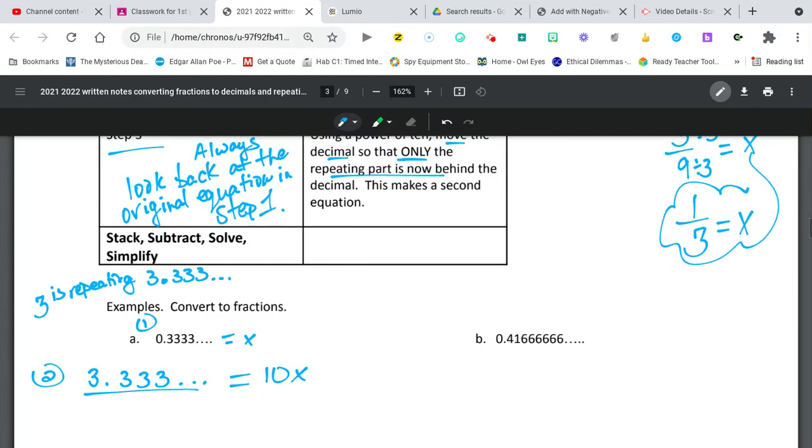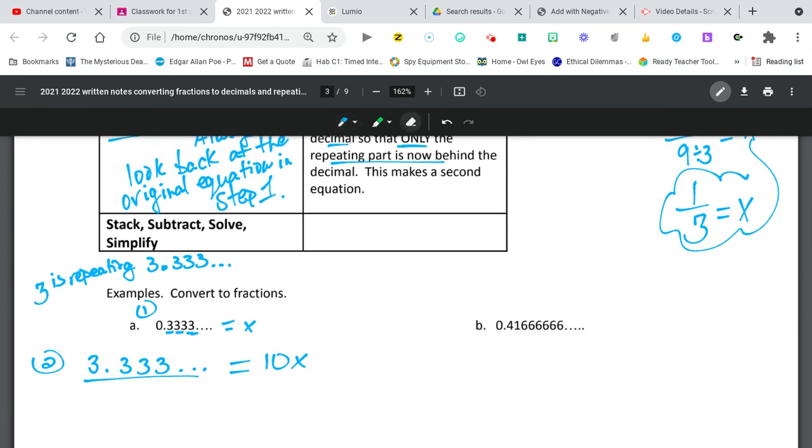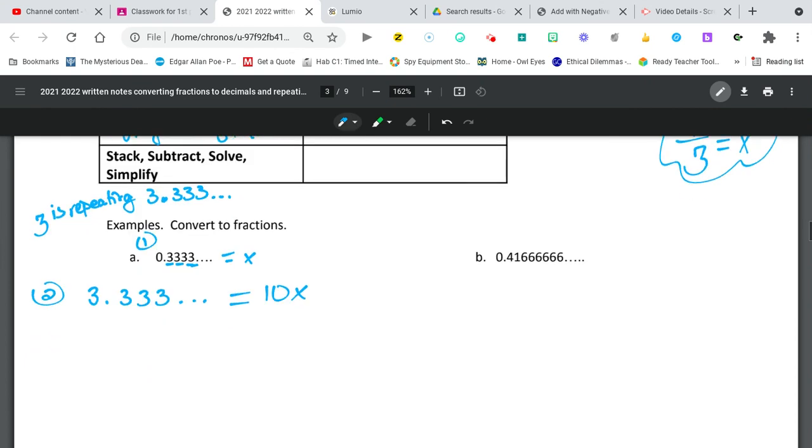So if I go back to step 1, I only got 3, 3, 3. I only got 3s. I only got the repeating part behind it. So if that's the case, your equation 1 and equation 3 match.